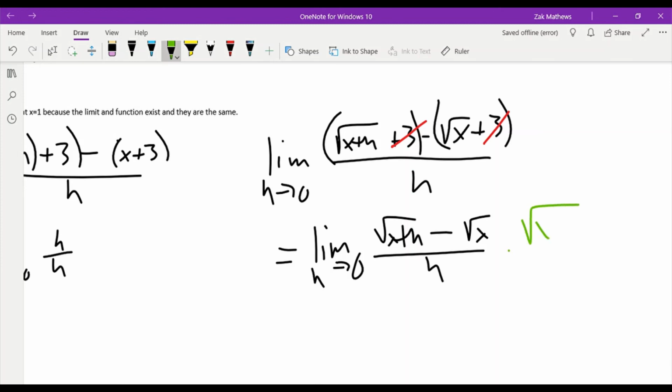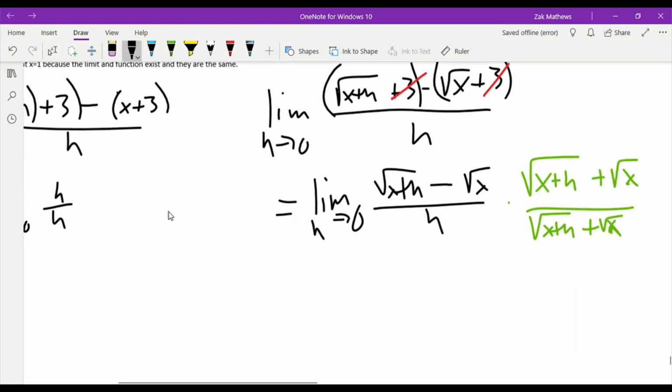So we're going to multiply by the square root of x plus h plus the square root of x. We're going to do that on the top and on the bottom. And so when we multiply those square roots to one another, they are just going to cancel out, leaving what's on the inside.